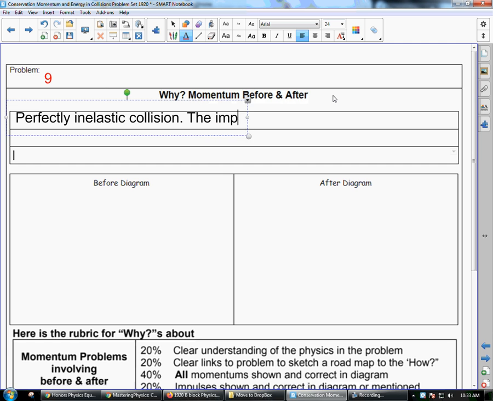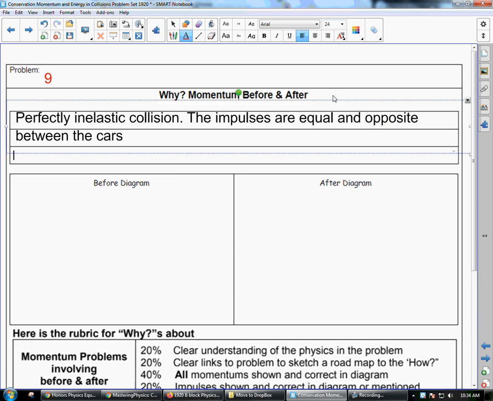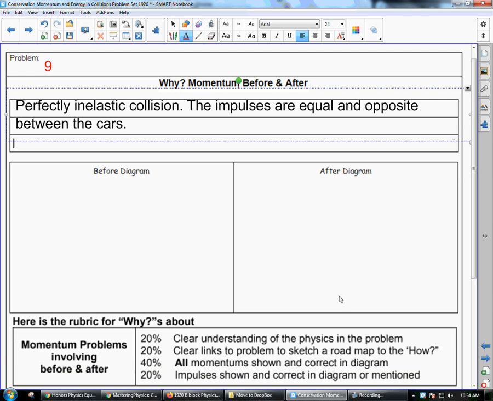The impulses are equal and opposite between the cars. Because I remember on my rubric I want to make sure that I talk about it: impulse is shown incorrect in diagram or mentioned. So in this one that kind of hits that criteria.